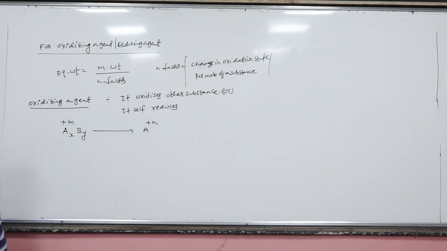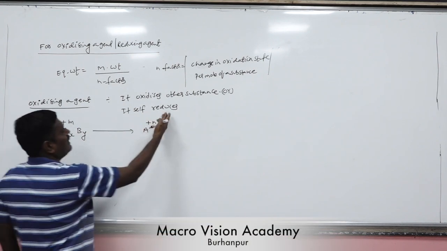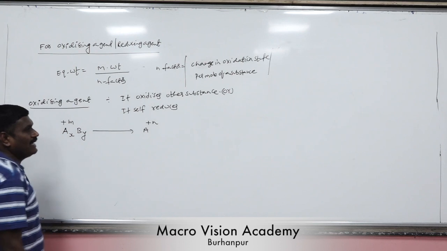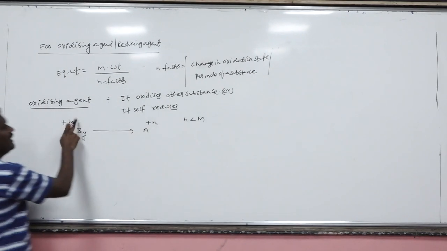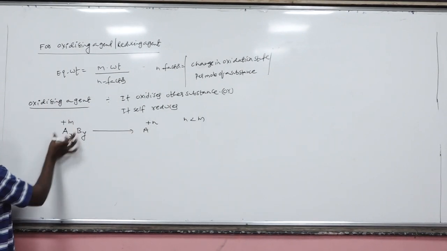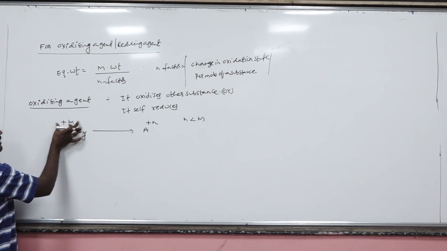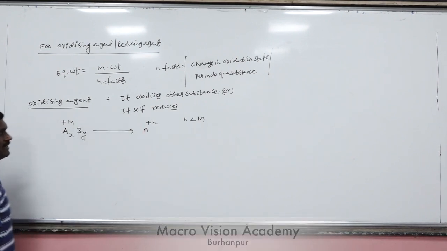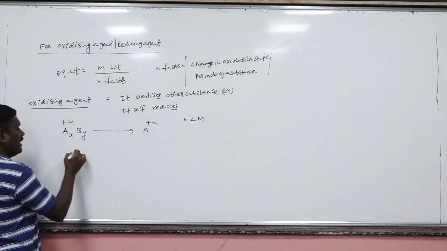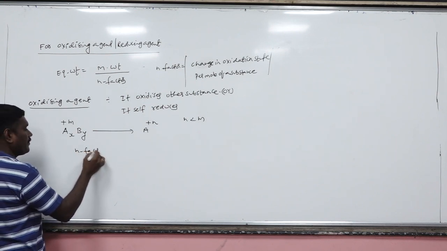In oxidation what happens? In reduction what happens? It accepts electrons. That means the oxidation number of the product will always be less than the reactant, because on the reactant side the oxidation number will be very high. By accepting the electron, its oxidation number decreases.